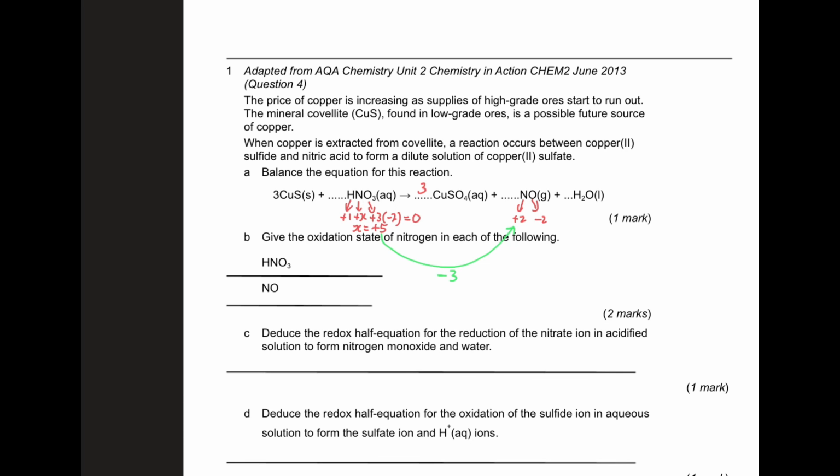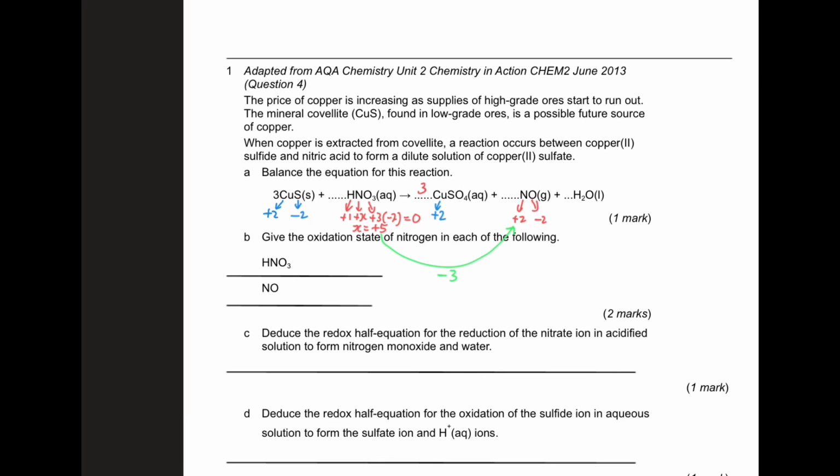So let's see what is oxidizing here. CuS, sulfide. Sulfide is minus 2. Over here, let's count it out. Copper is positive 2, as they say copper 2 sulfate, copper 2 sulfide, so copper is positive 2 all the time.